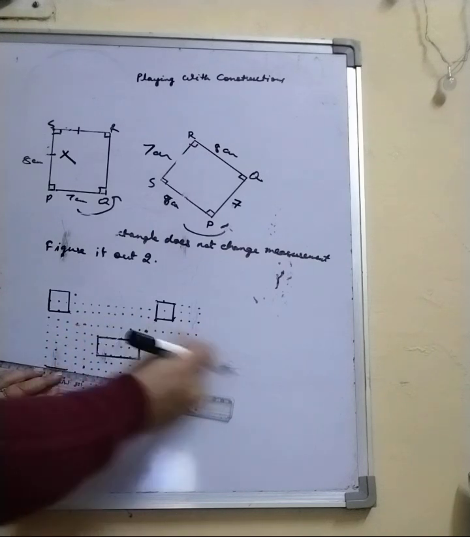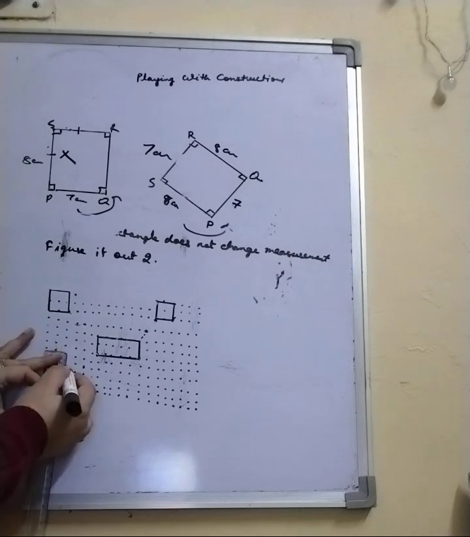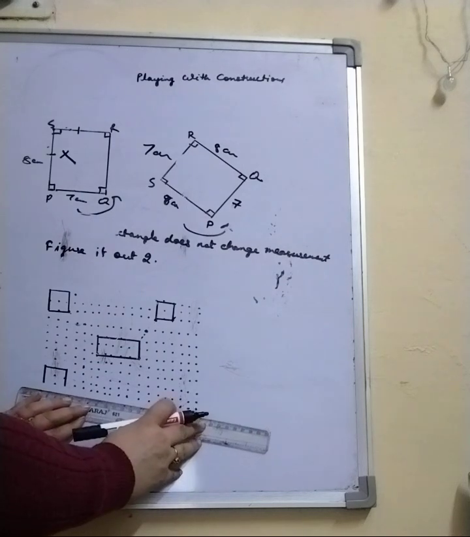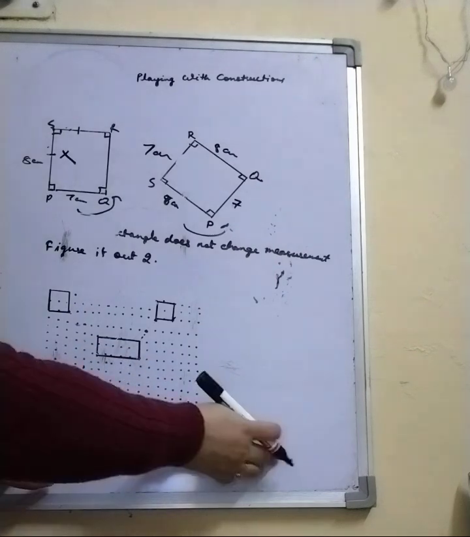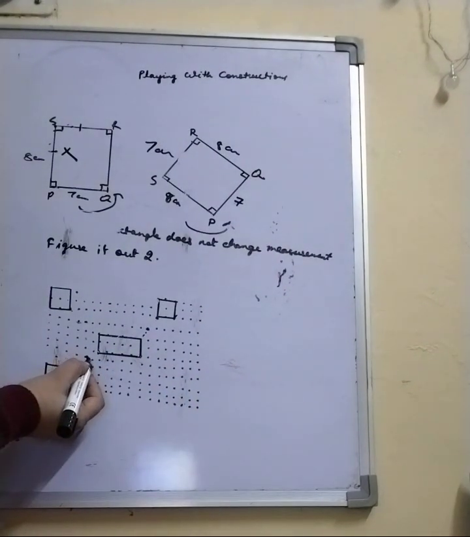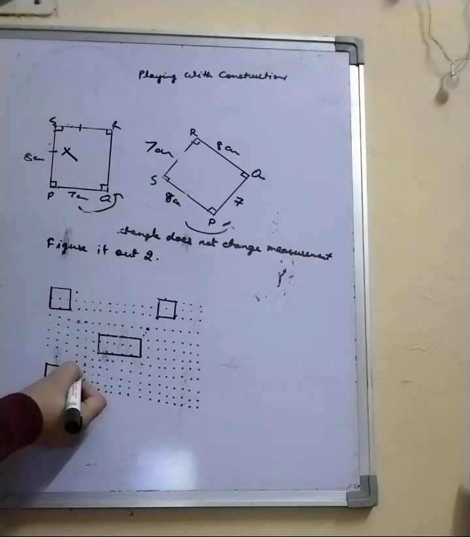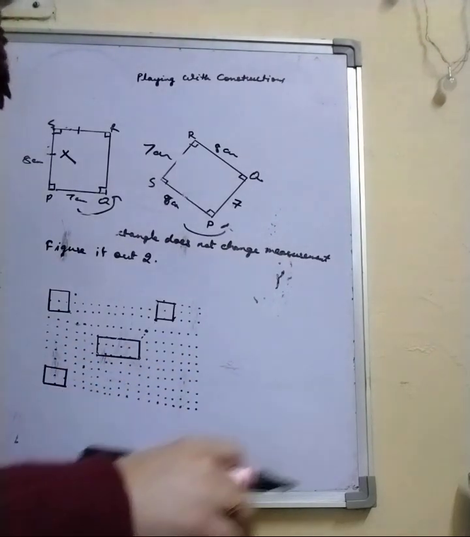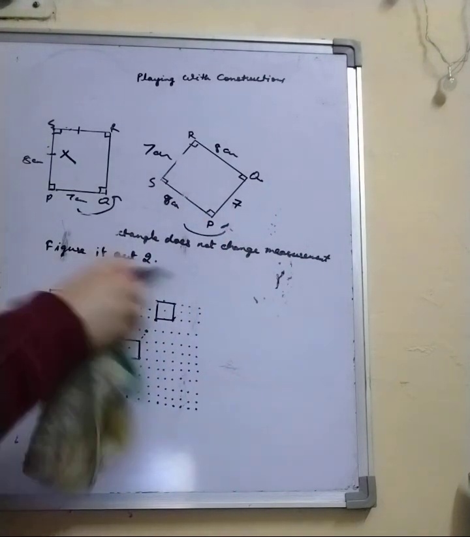So you draw it at the corner, 2 dots here and 2 dots here. Like this you would join. So let me mark the points properly. So diagonally you have to go.